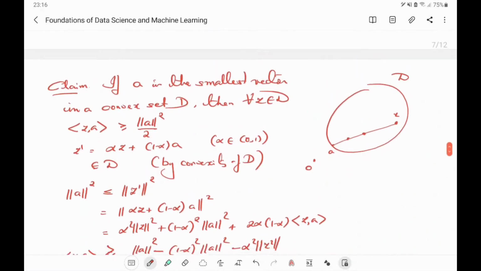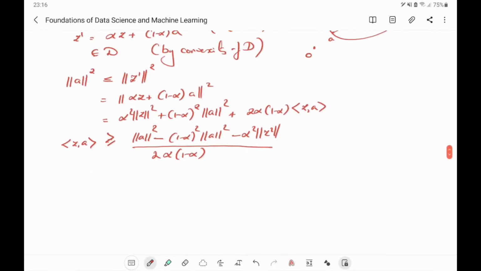I am just rearranging the terms after taking them to the other side.